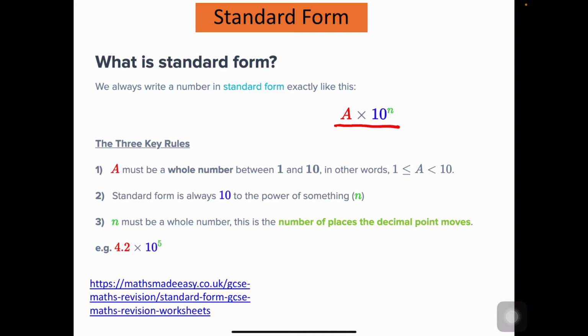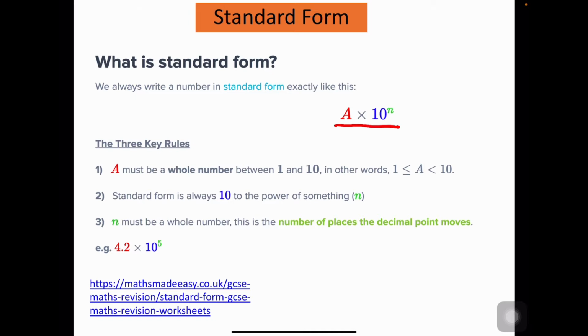So that's something you might see in science. Of course, the size of bacteria, if the bacteria is microscopic, then chances are its size would be measured using a value which is in standard form. So there are a few key rules.